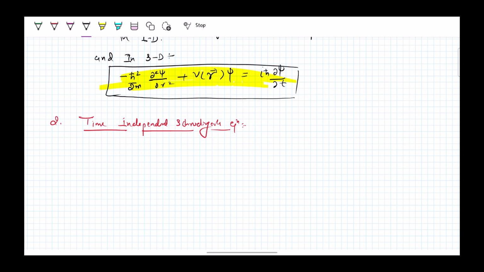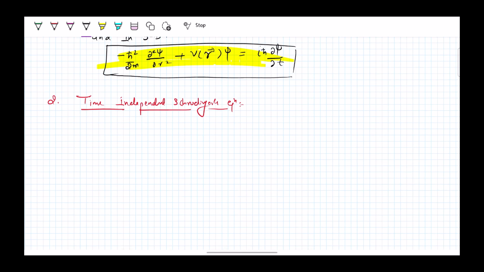In this situation the potential energy term does not depend on time, so this case will cover most of the problems. In this case the potential is only dependent upon position, that is x. So we can write ψ(x,t) equals ψ(x) only, because in this case the potential is not depending upon time, right?